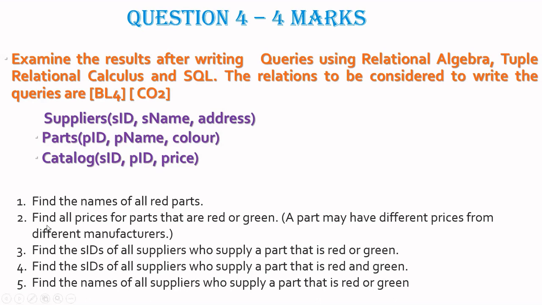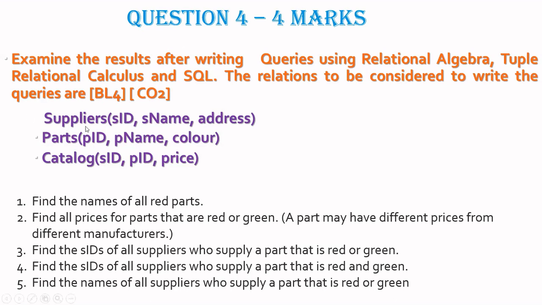You have to write the queries in relational algebra, tuple relational calculus, and SQL. You have to use all 3 of them, and 5 queries exist. So 5 times 3 is 15 queries I am supposed to get from you using relational algebra, tuple relational calculus, and SQL. The 3 relations I'm using are suppliers, parts, and catalog.